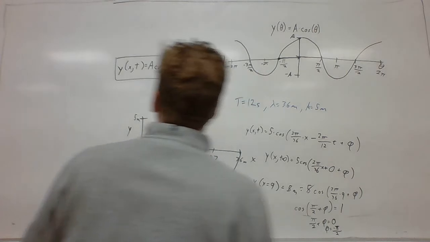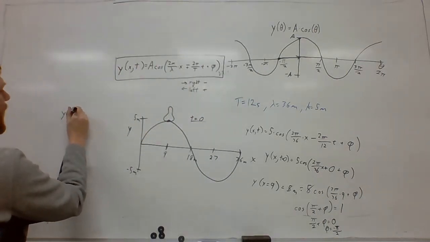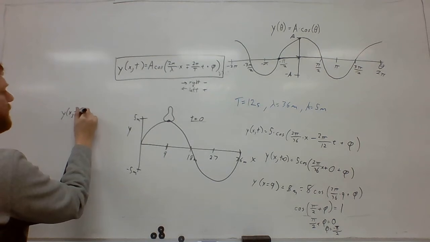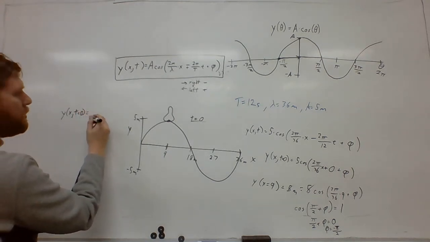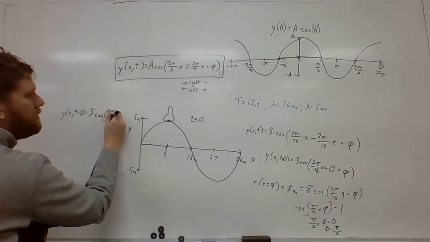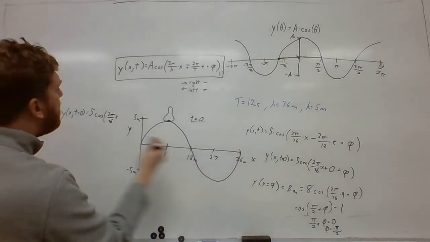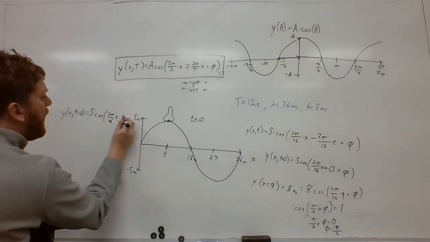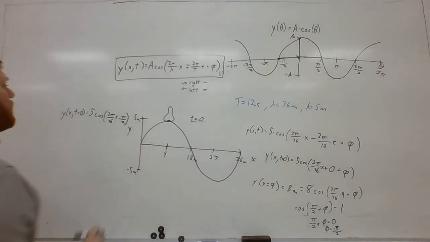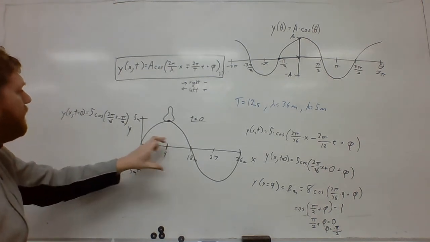So the equation to describe this graph is y of x, the graph is drawn at t equals 0, is equal to 5 cosine 2 pi over 36 times x, plus my phase constant, minus pi over 2. If we have this, we can draw this graph.